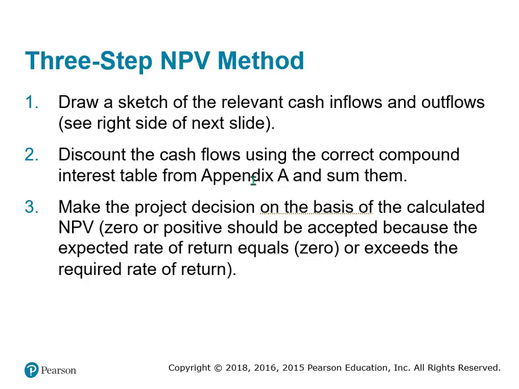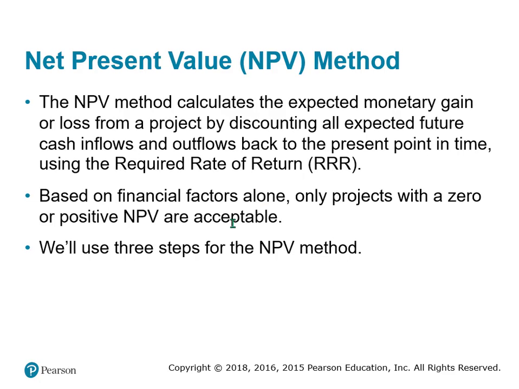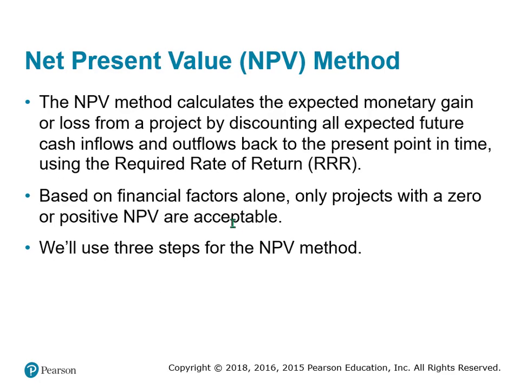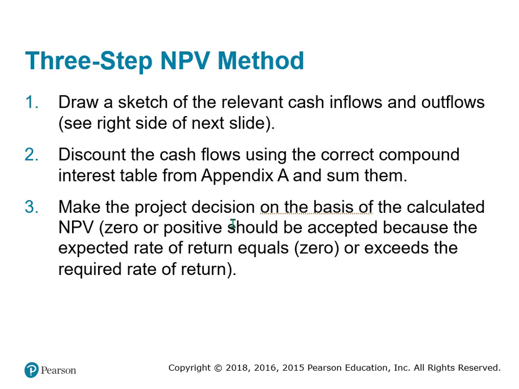And then make the project decision. Make the project decision on the basis of the calculated net present value. So 0 or positive would be accepted because the expected rate of return equals or exceeds the required rate of return.